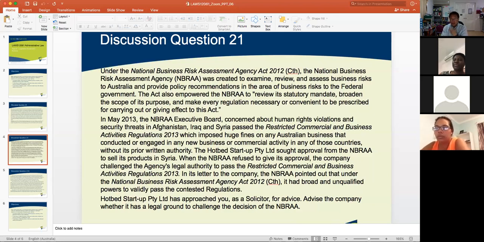So that seems to be beyond the scope of the law. And for that reason, as pointed out correctly by Edward, there is a strong legal ground to challenge the decision of the NBRAA, because it seems to be exercising a power that is beyond that authorized by the legislation.